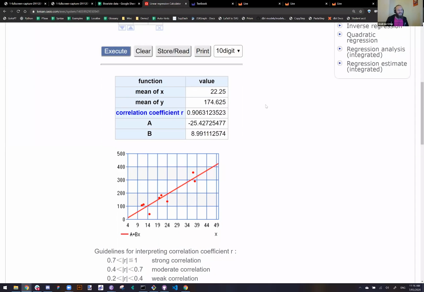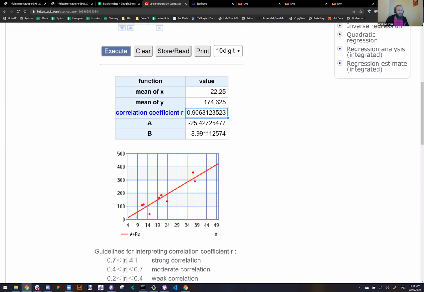So what is the stuff that's coming out here? Now, depending on your technology, you'll have different outputs. But the one thing that you'll notice is this number, which is called the correlation coefficient. And we discussed that last week. The closer this value is to 1, the stronger the correlation is.